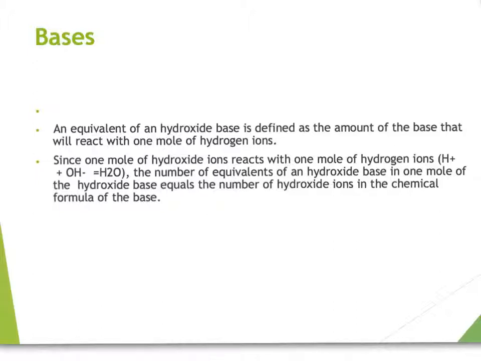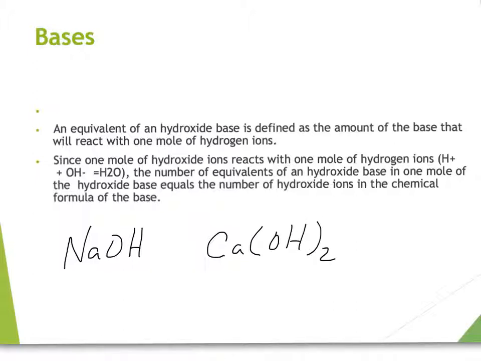If we look at an example, NaOH would have 1 equivalent of hydroxide, while Ca(OH)2 would have 2 equivalents of hydroxide.